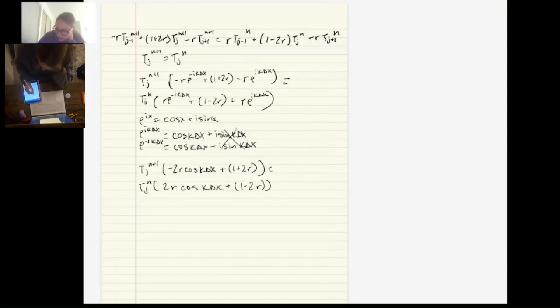Now if we divide by this one, and pull out the 1 minus 2r, let's do that.